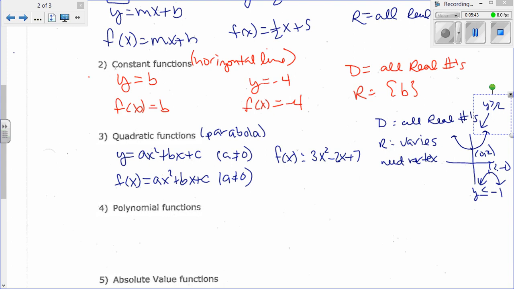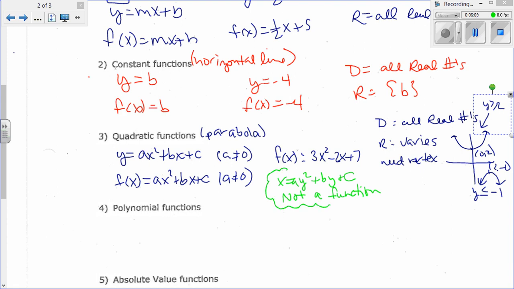Something that's kind of important here is that if you're given x equals ay squared plus by plus c, this is not a function.